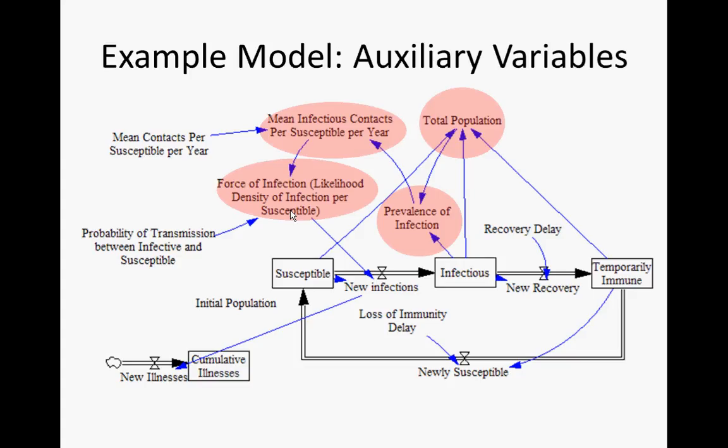So here, we have a simple notation for a formula. We call it prevalence of infection, the number of infectious over the total population. In other words, number of infectious over the number of susceptible plus infectious plus recovered plus temporarily immune in the denominator. So it's a convenient name we use for that.